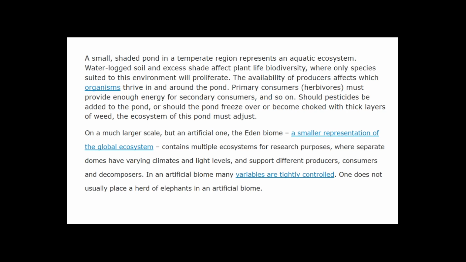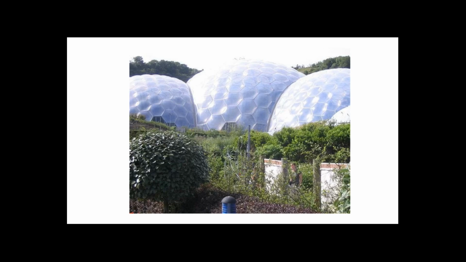And in an artificial biome, variables are tightly controlled, and one does not usually hear of elephants in a biome. The Eden project doesn't have that kind of thing. This is the Eden project.